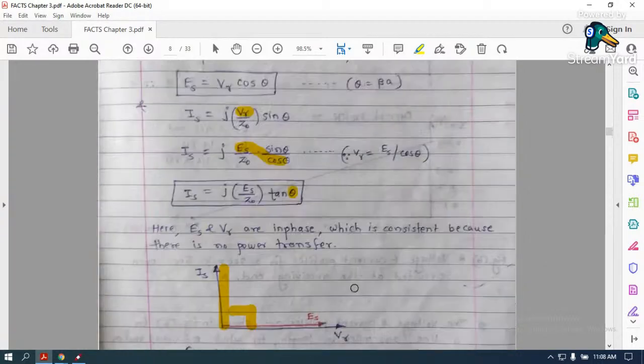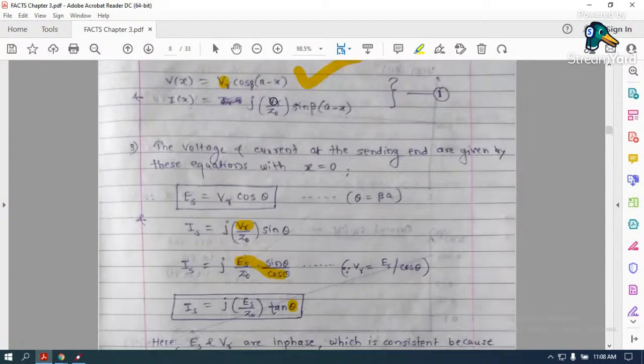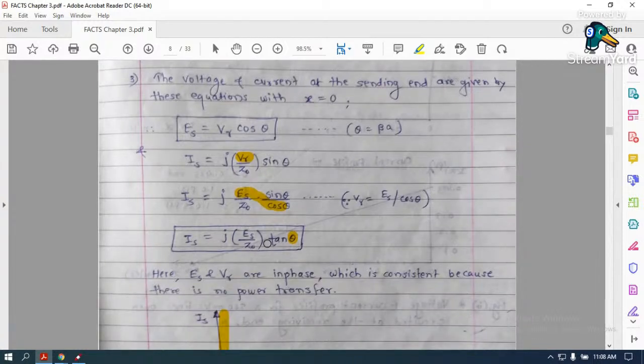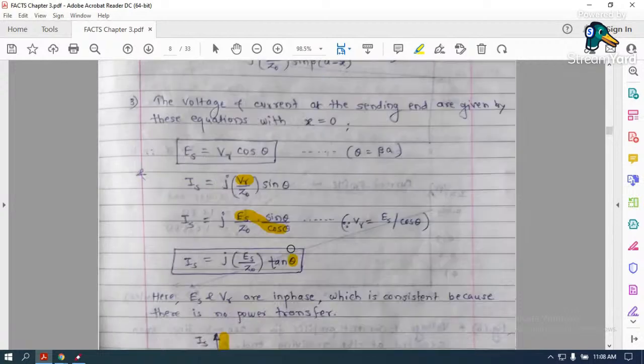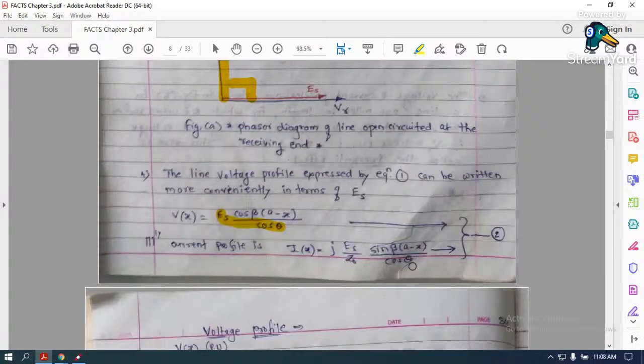Similarly for I of x, just put VR here. If we put VR equal to ES upon cos theta, it will be ES upon Z0 sin beta (A minus x) divided by cos theta. Okay.